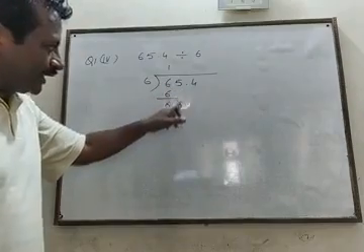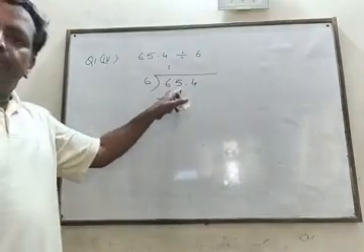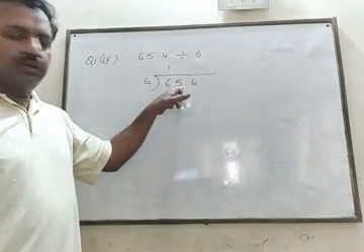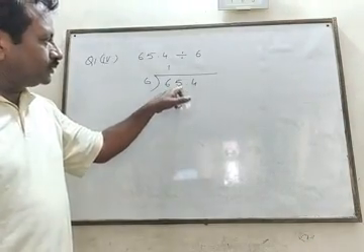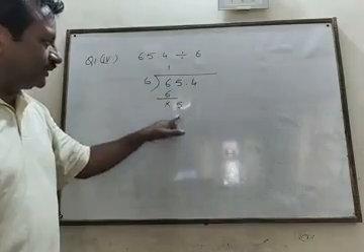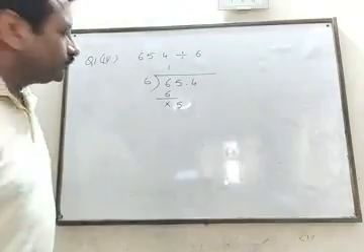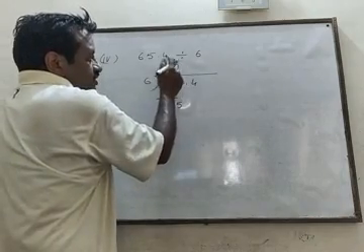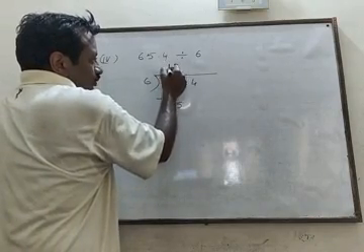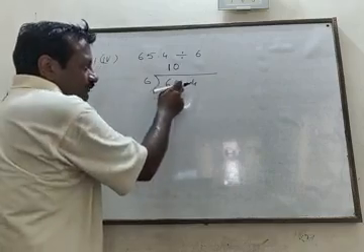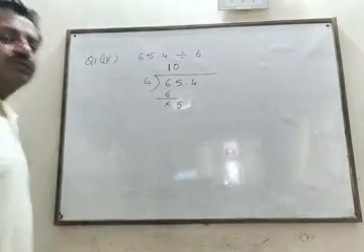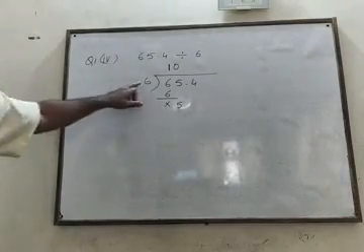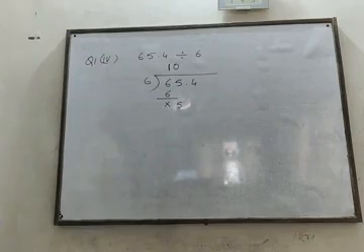So once you carry down a number from the dividend, do check whether it is divisible or not. If it is not divisible, then put 0. Don't forget to put this 0. This 0 will always be put after carry down the number from the dividend. It is not divisible, put 0.